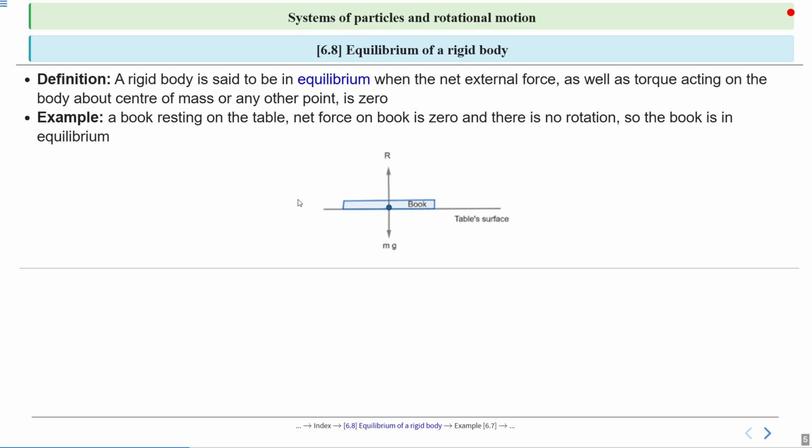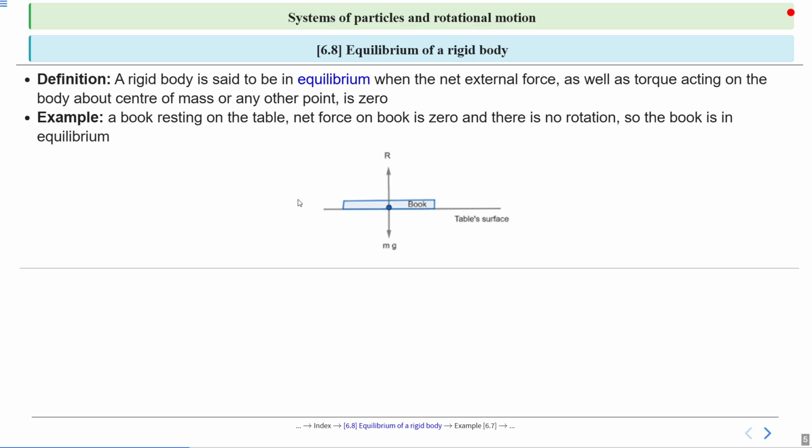So we can say the net force on the book is zero and there is no rotation. So the book is in equilibrium. This is the condition of equilibrium, and this is an important concept because in upcoming slides we will use equilibrium, we will use rigid body, we will use net force, we will use net torque. All right.